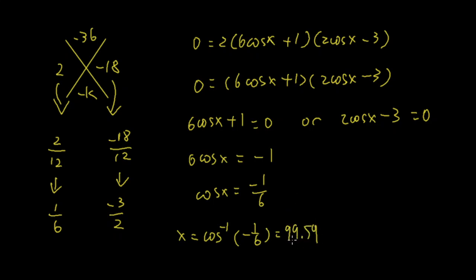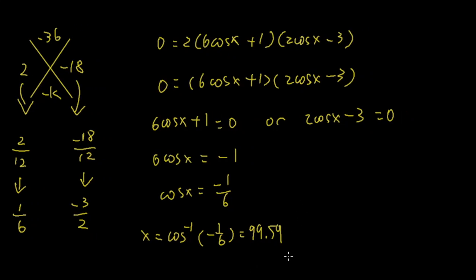These are just rounding values, not exact. Like I said before, as long as one works, it will be fine. But let's do that as well and see if it works. So add 3 to both sides. 2 cosine of x is equal to 3. Then cosine of x is equal to 3 over 2.